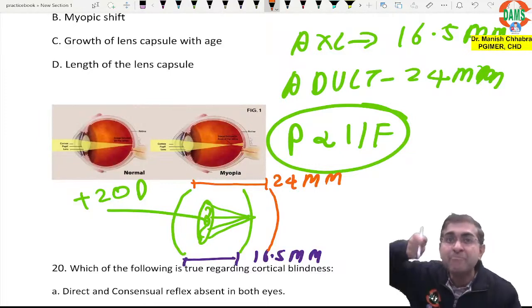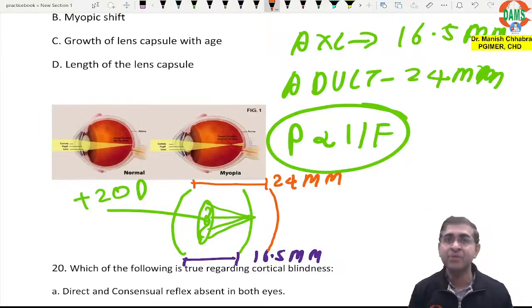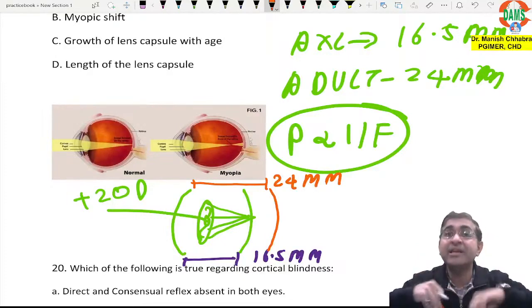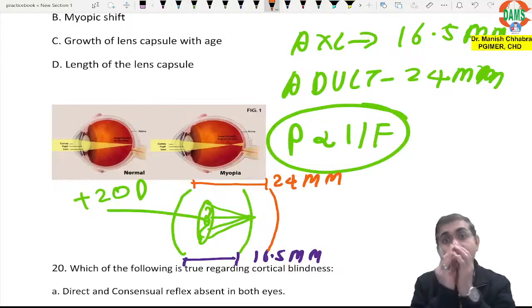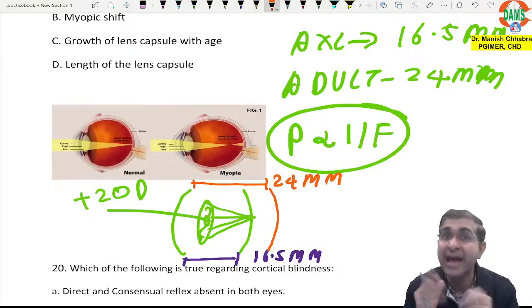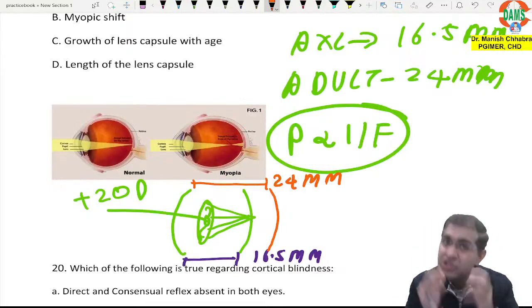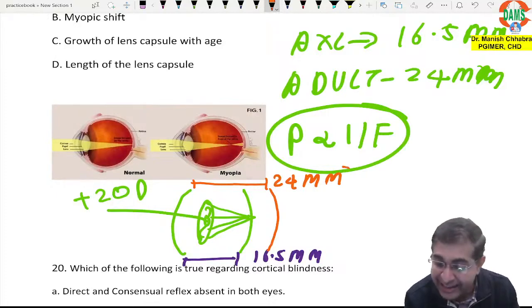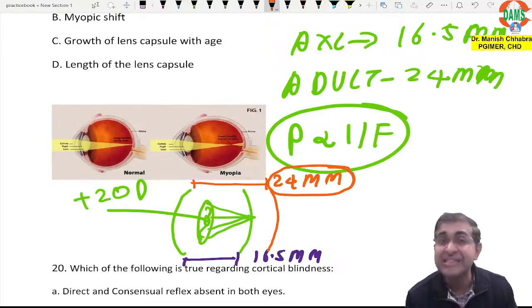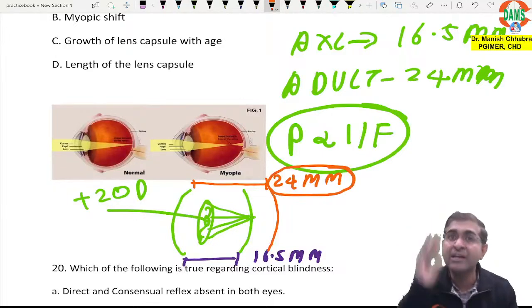Had there been the natural lens of the patient, it would also have grown as per the growth of the eye, so that even after attaining adult size, the rays of light would project on the retina.